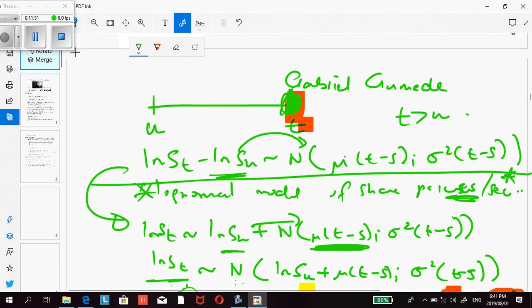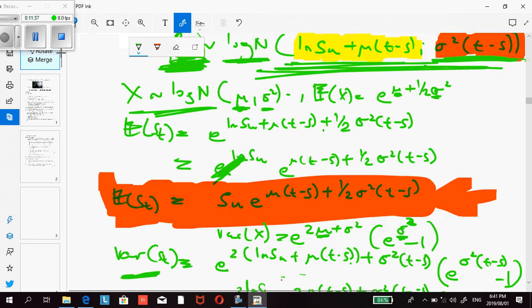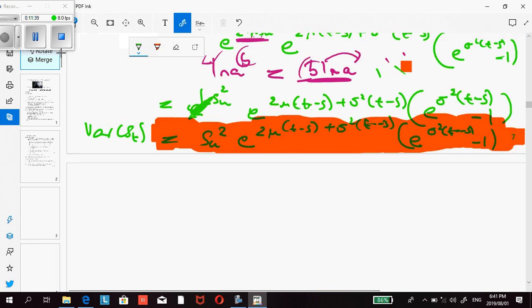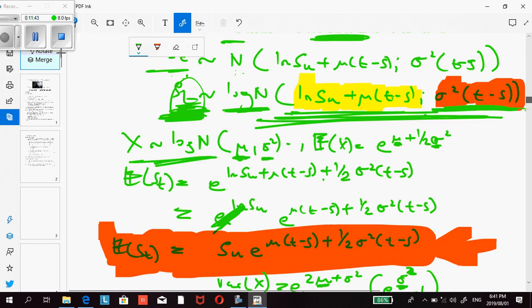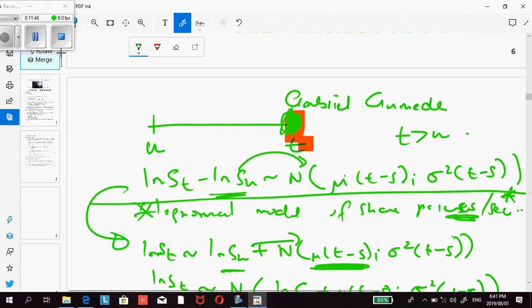Now, why am I showing you this? You're saying, oh, Gabriel, why are you showing this? This is extremely important because the model becomes easy when your u is equal to 0.